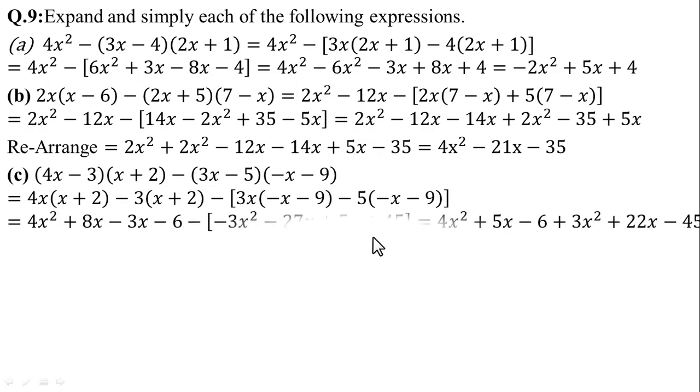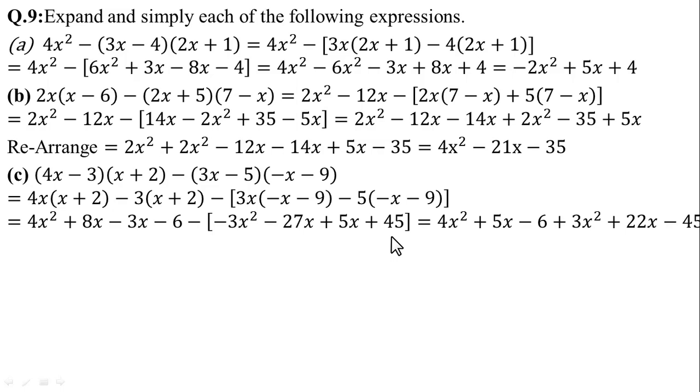Now multiplying the values: 4x square plus 4 2s are 8x, minus 3 1s are 3x, minus 3 2s are 6, minus [minus x multiplied by 3x is minus 3x square, minus 3 9s are 27x, plus 5 ones are 5x, plus 5 9s are 45].